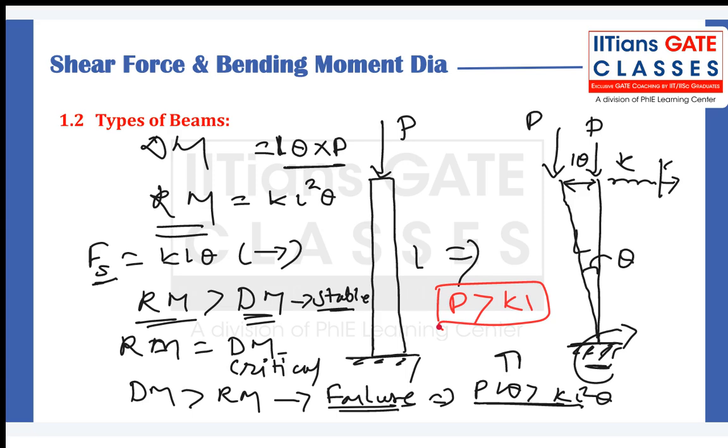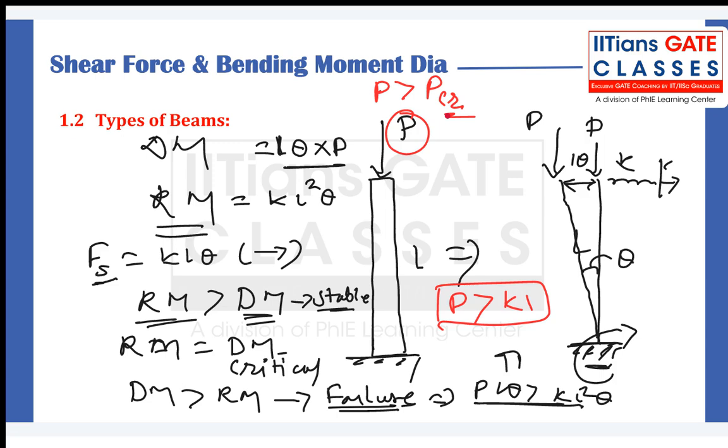If P is greater than P critical. So in design, what do you say? Design buckling load, right? In design we use P critical.